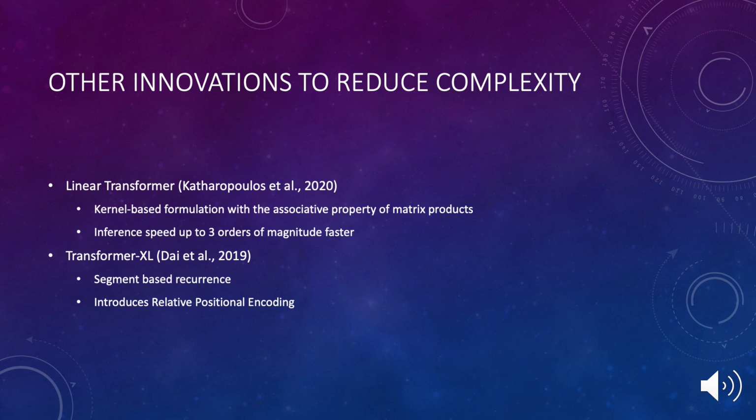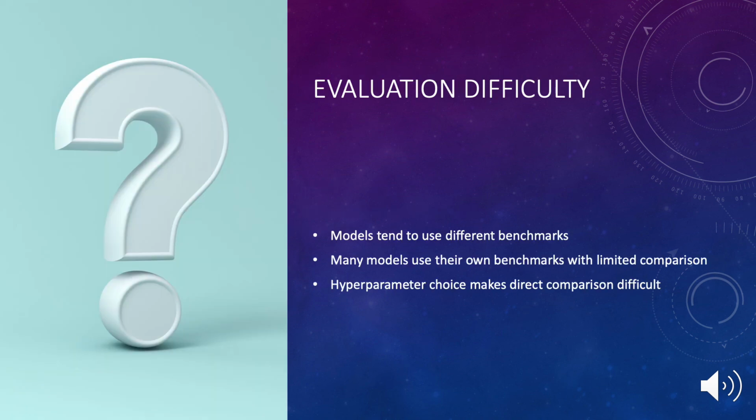So that being said, there are a handful more that we've not covered, and perhaps we will in a future video. But one thing to note is the difficulty that they had in evaluating these transformer architectures against each other. So first is, although there are a handful of standard tasks like machine translation, or in the case of images, image classification, many of the architectures use their own benchmarks.